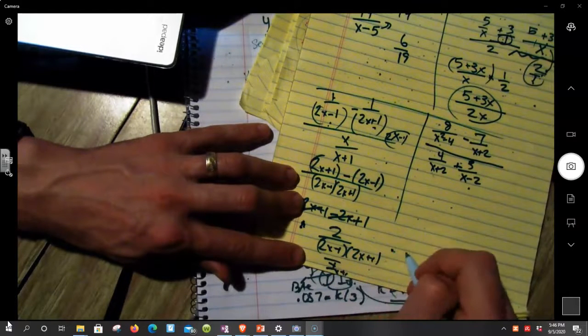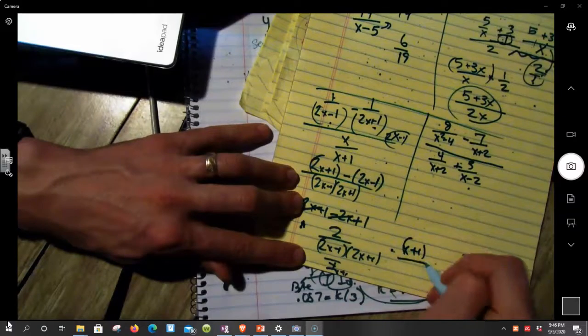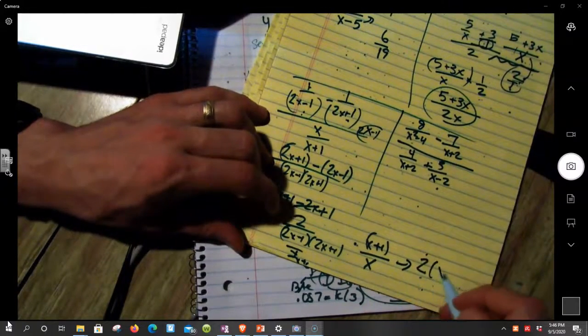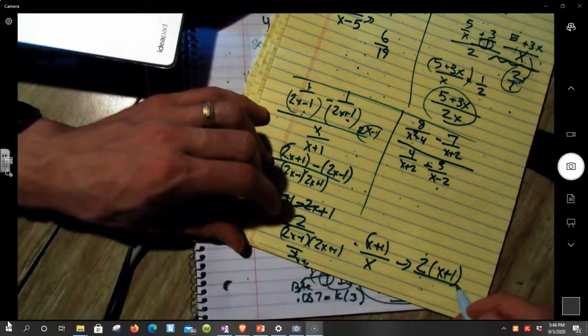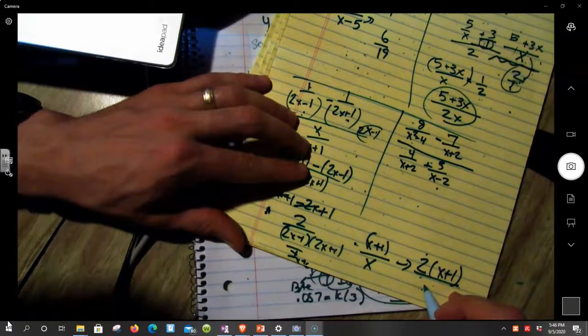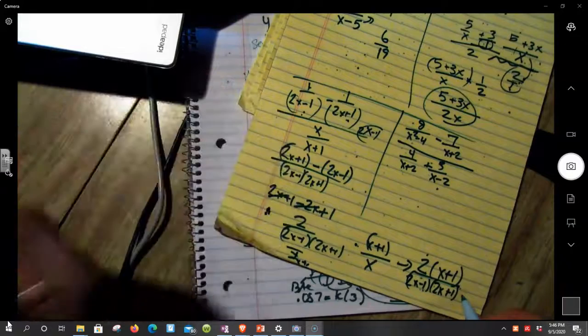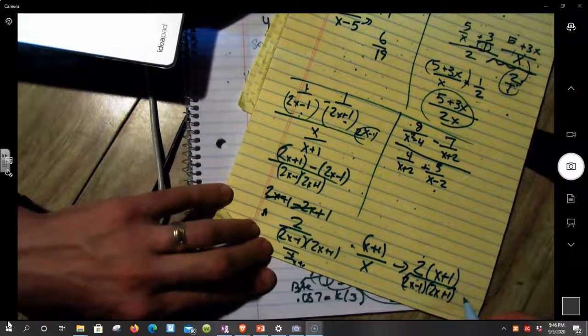So you have to take the reciprocal of that and put x plus 1 in your numerator and x in your denominator. So your final answer is going to be 2 over 2x minus 1, 2x plus 1, times x plus 1 over x.